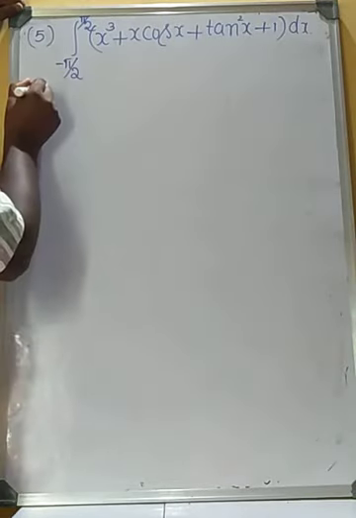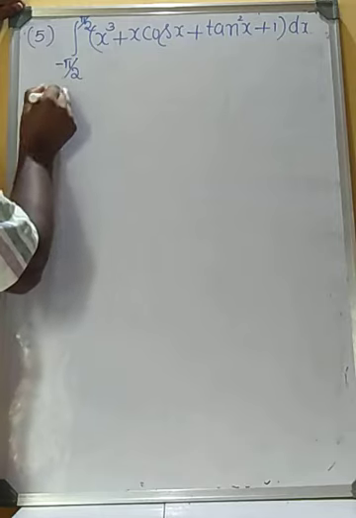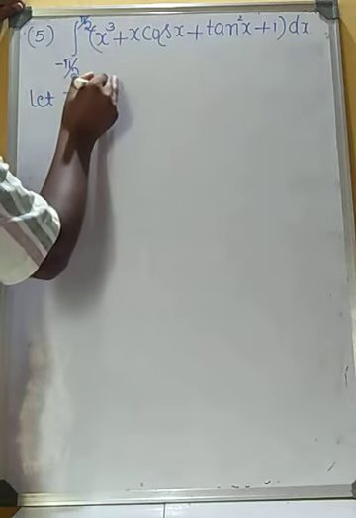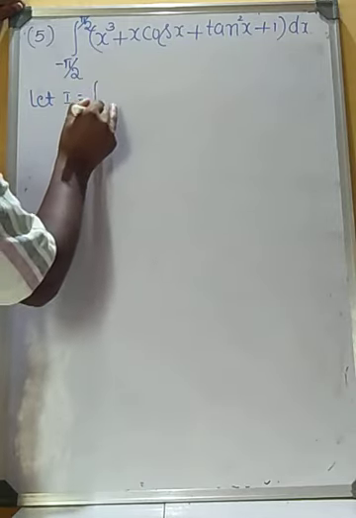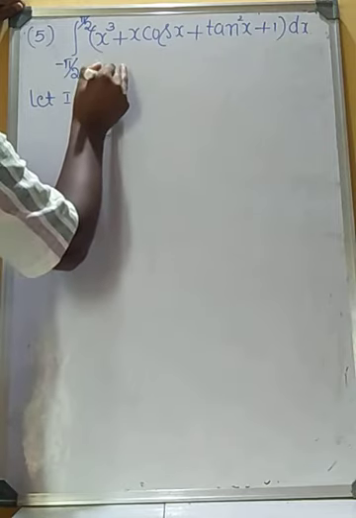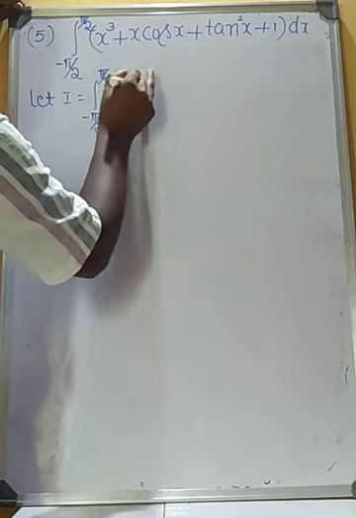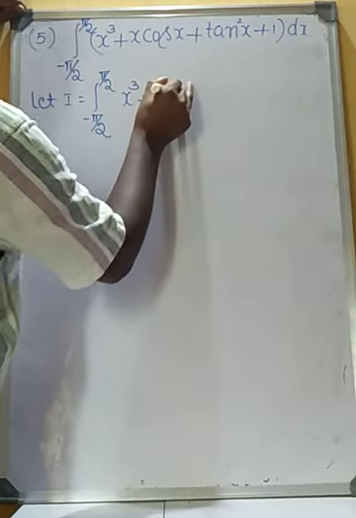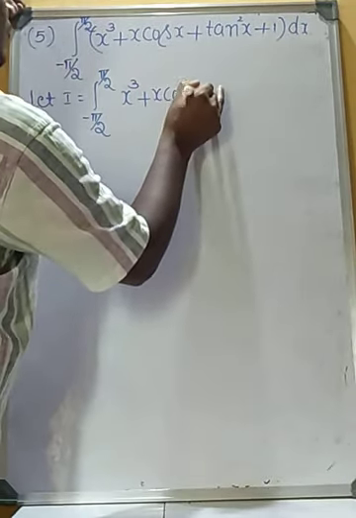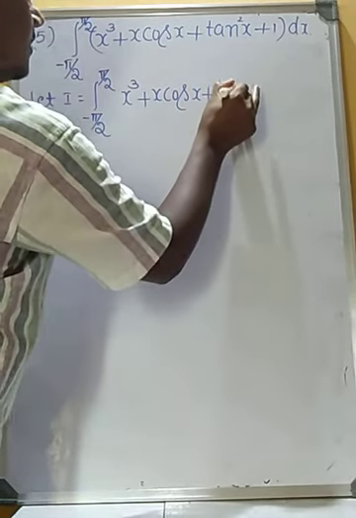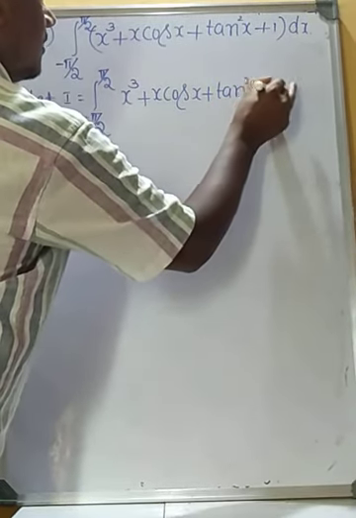let I equal integral minus pi by 2 to plus pi by 2 of x cube plus x cos x plus tan square x plus 1, into dx.